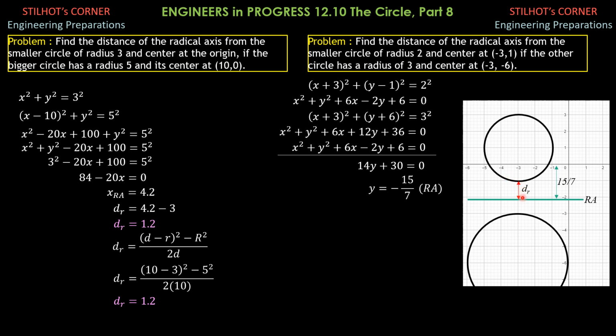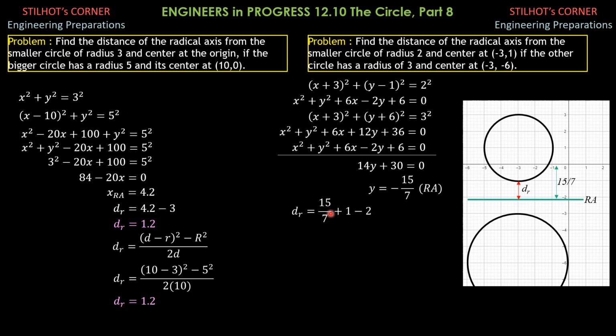Therefore, this distance, d sub r, is 15 over 7, then plus 1 because the center is at (negative 3, 1). So that means this is 1 unit. So 15 over 7 plus 1, then minus the radius of the smaller circle, 2. So d sub r equals 15 over 7 plus 1, then minus 2 units.